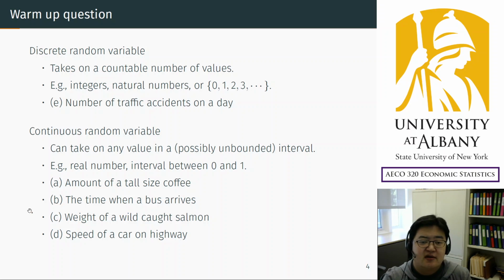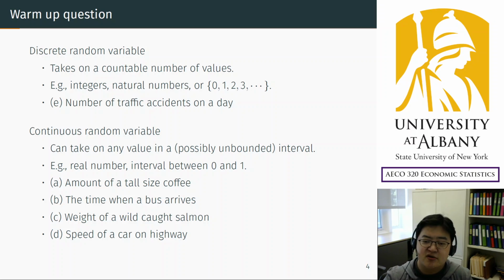On the other hand, the other four random variables are continuous in that they can take any value, any real number, right? Any number on a possibly unbounded interval. For example, the amount of tall size coffee at a Starbucks.